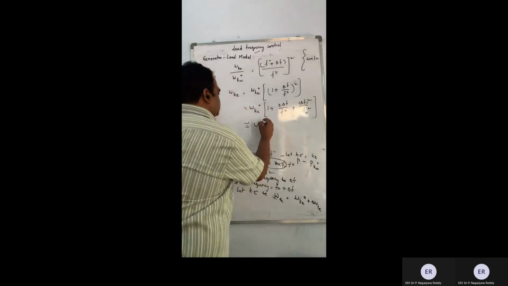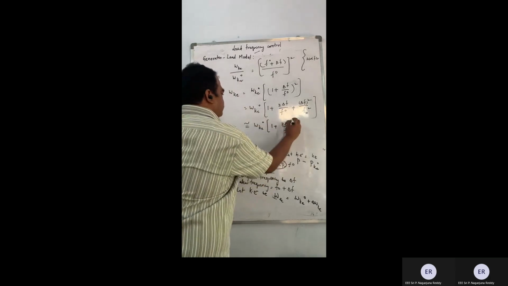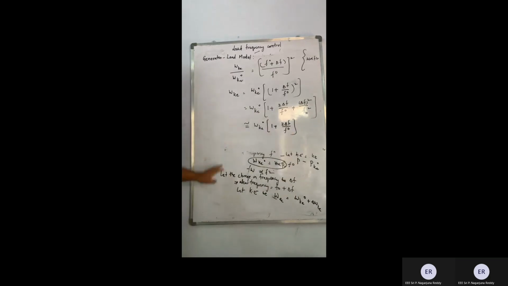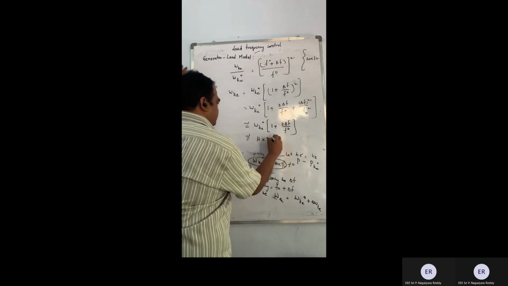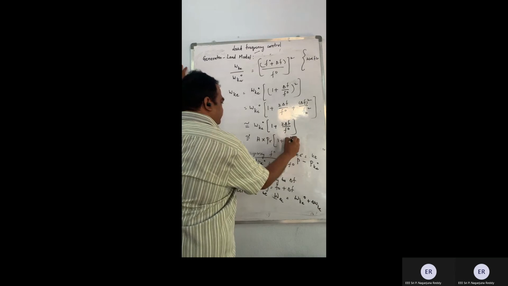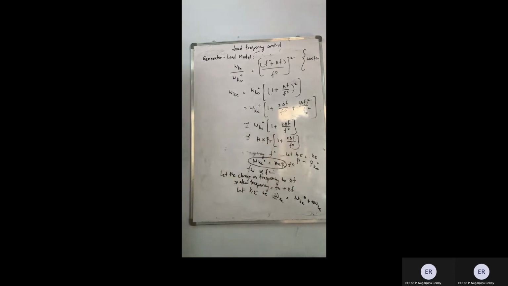So I will consider this as my new kinetic energy, isn't it? Or I can write it as H PR, where H is my inertia constant and PR is my power rating, in terms of megawatts or kilowatts.